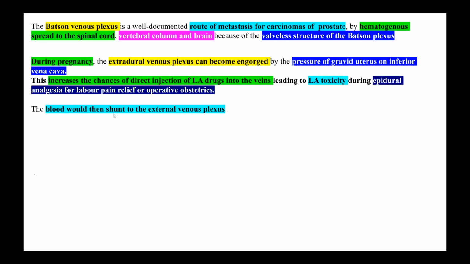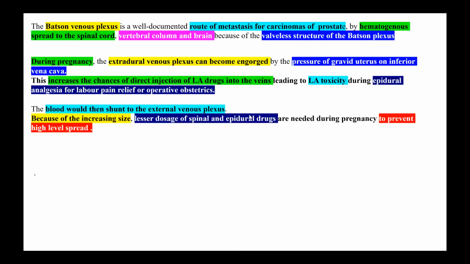And the blood will then be shunted to the external venous plexus from these internal plexuses. Because of their increasing size, the veins will reduce the epidural space and also the subarachnoid space.